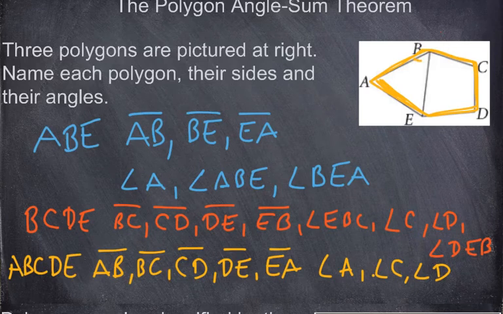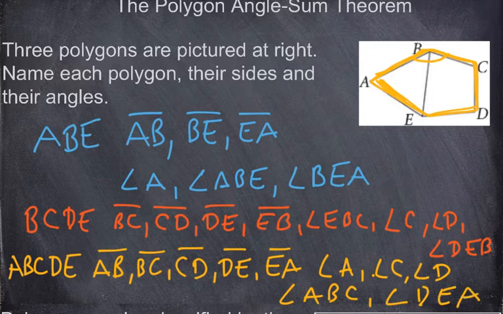Since we're trying to name the whole angle, we can't say ABE, we would say angle ABC, from A to B to C. And lastly, angle DEA, from D to E to A. Okay? So again, naming polygons, you use their vertices, sides, 2 letters with that segment above it, no arrows, and angles, either 1 letter or 3, depending on how many angles are formed at that vertex.